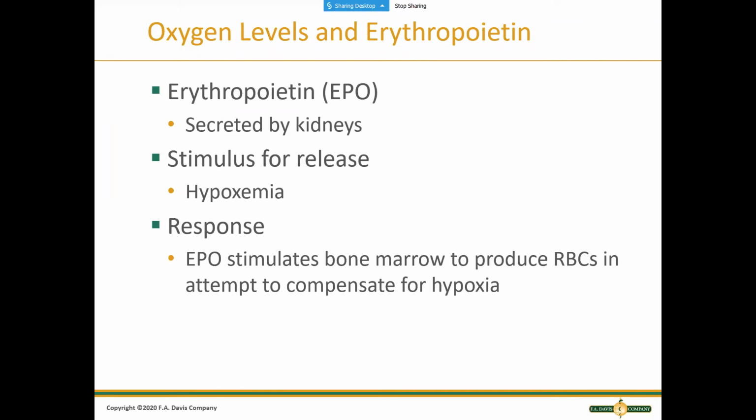Back to our Lance Armstrong thing, a natural way that people are trying to increase their erythropoietin is by training at really high elevations. So if you go out to Denver and train at Mile High Stadium, for example, your body will naturally start producing higher amounts of red blood cells because the oxygen content is much lower.